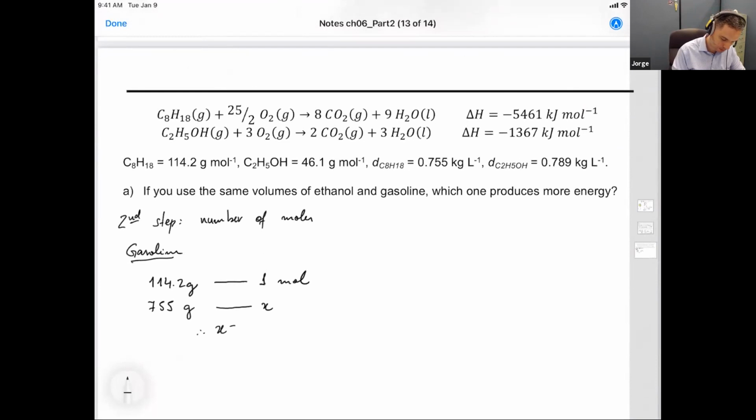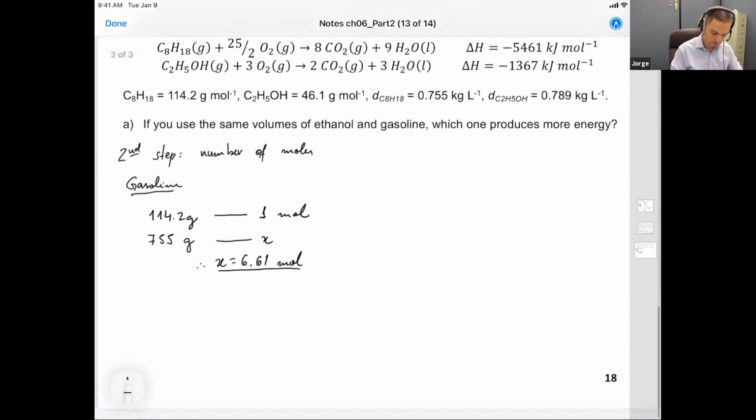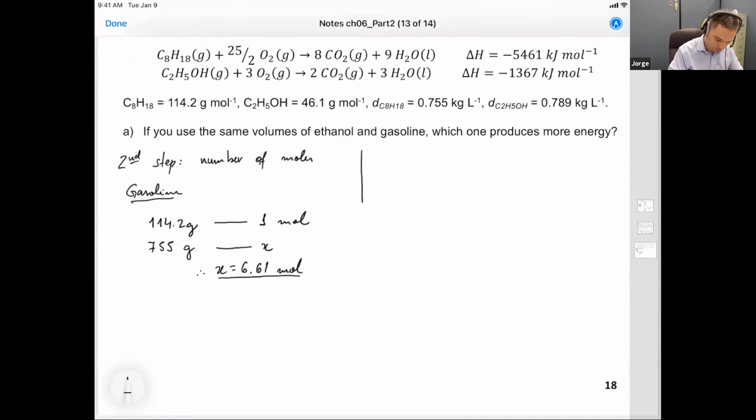Therefore, the amount of moles in 1 liter of gasoline is going to be 755 divided by 114.2. That's going to be 6.61 moles. And we do the same thing for ethanol.